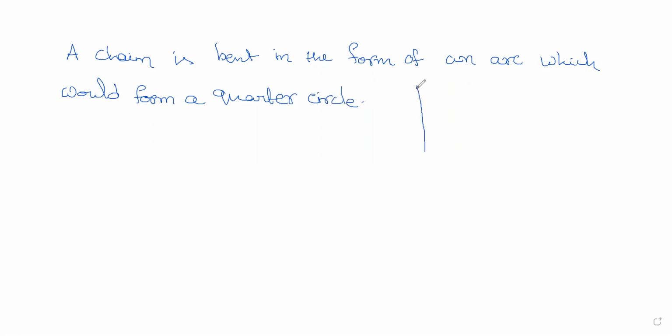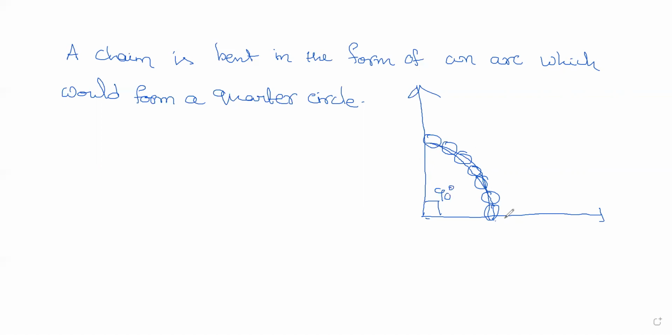What is this quarter circle? I'll explain that. You don't have to worry about the derivation here, but these are probable for the exam. So it is bent like this. You can see the chain is like an arc. And now this is 90 degrees.